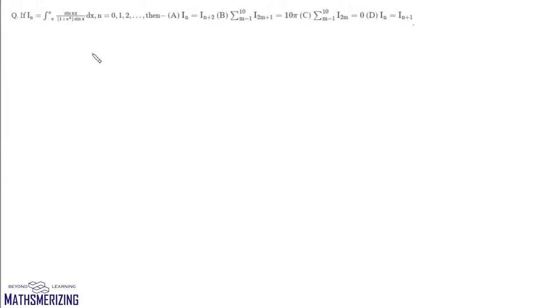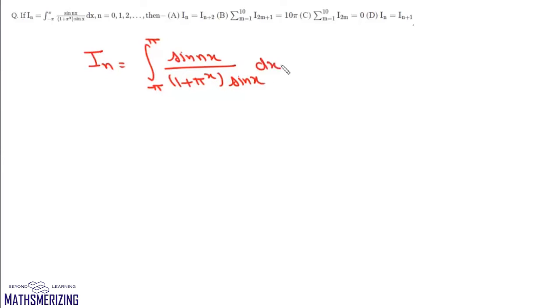Now here the question is, if In equals this integral from minus pi to plus pi sin nx upon 1 plus pi to the power x sin x dx, then which of the following options are correct? Now this function is neither even nor odd, so we'll use the property a plus b minus x, and a plus b is 0, so we'll replace x with minus x.